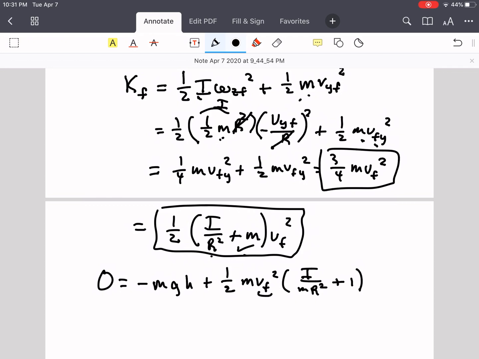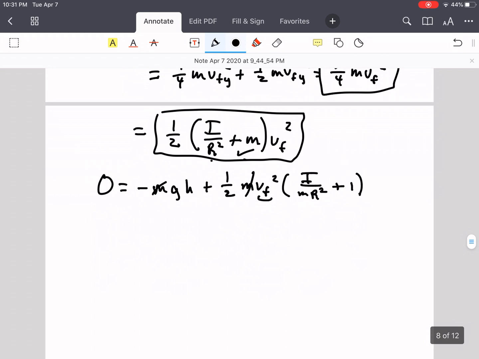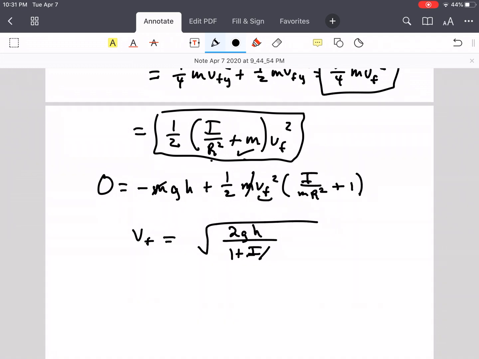I want to solve for v final, so we'll go ahead and cancel out the masses here. We'll bring gh over to the other side, do a little bit of algebra, and I get that my final speed, so let me just write this as v final, no y component, is the square root of 2gh over 1 plus I over mr squared.